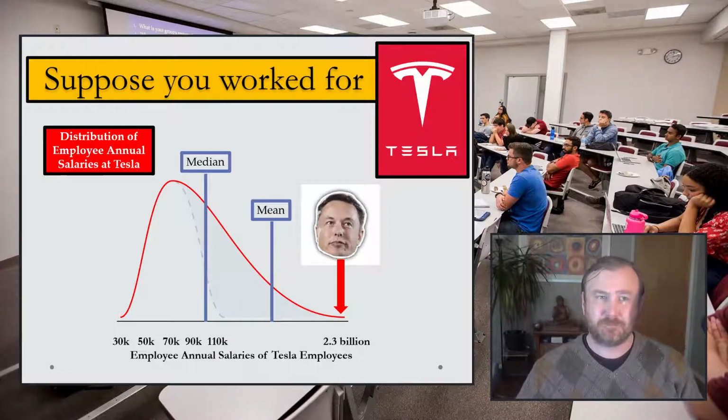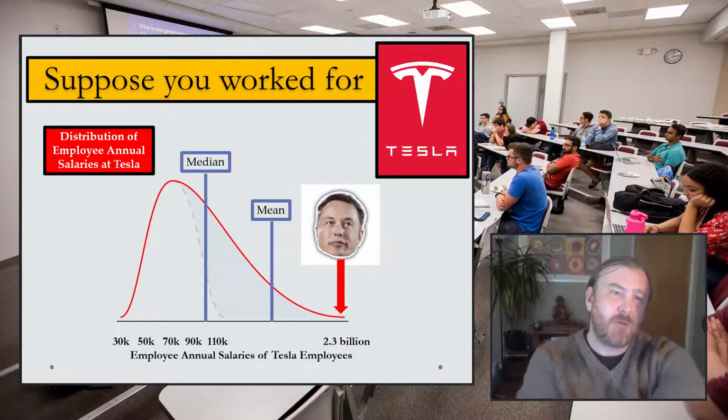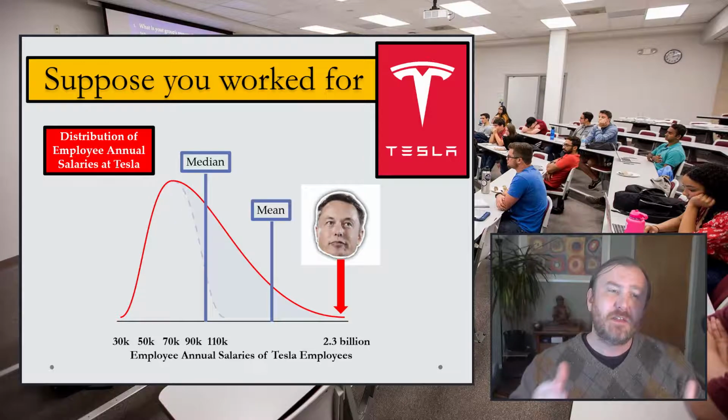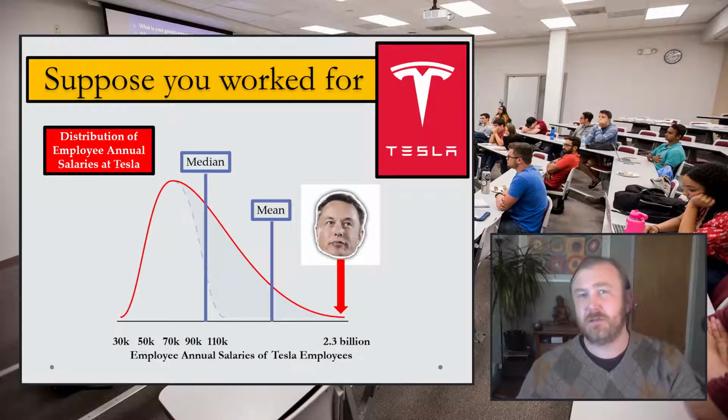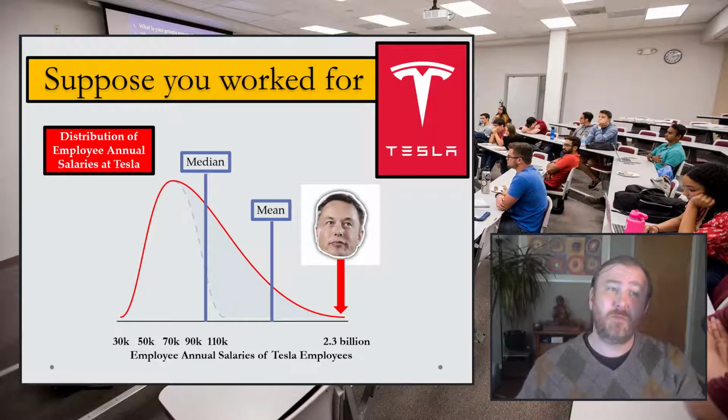When we calculate the mean and the median of a distribution, there's an interesting property. If we have a positively skewed distribution like we have here, the mean will be higher than the median. If it's negatively skewed, the mean will be lower than the median.